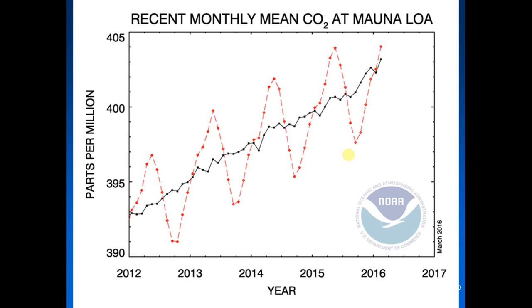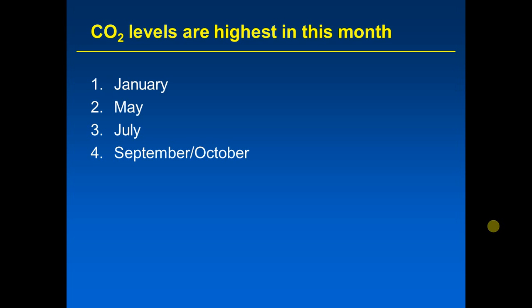Can we answer the question, in what months are atmospheric carbon dioxide concentrations highest and lowest? Are carbon dioxide levels highest in January, May, July, or September/October? If you've been paying attention, following along, you'll be able to answer it. The answer is May.